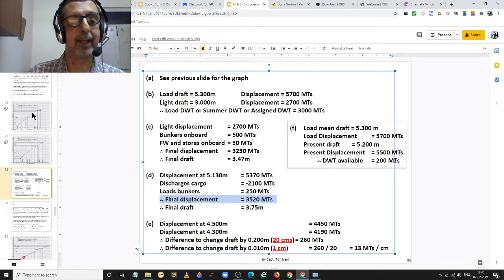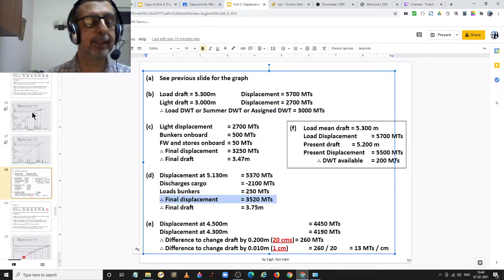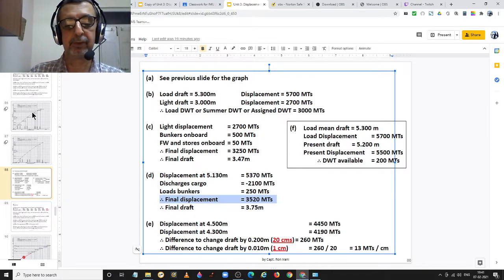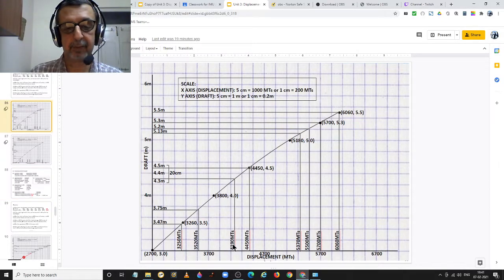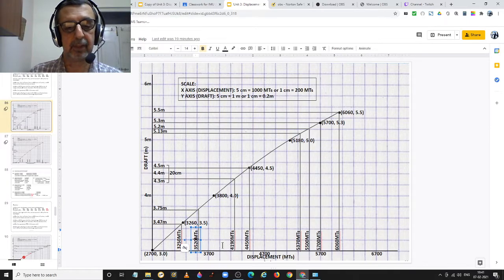Now, taking this figure, we go back to our graph and we have to find our draft on the y-axis, the displacement on the x-axis, 3520, and from that we will find our draft on the y-axis. So let's go back to the graph. 3520 metric tons, I'm sorry.